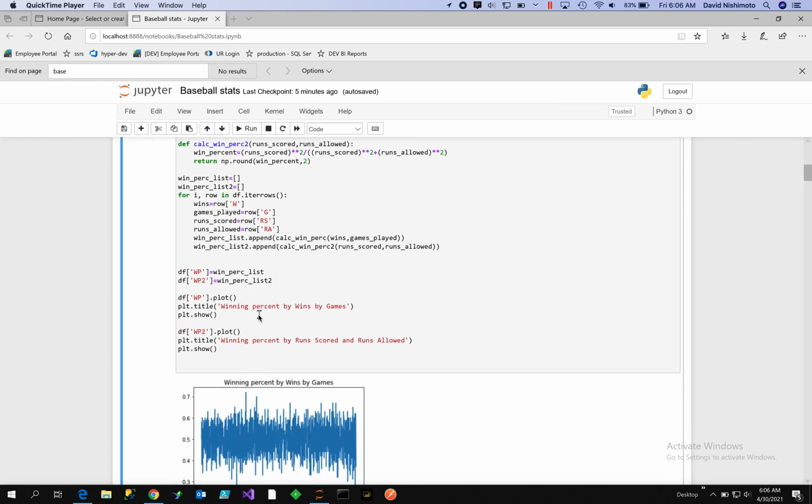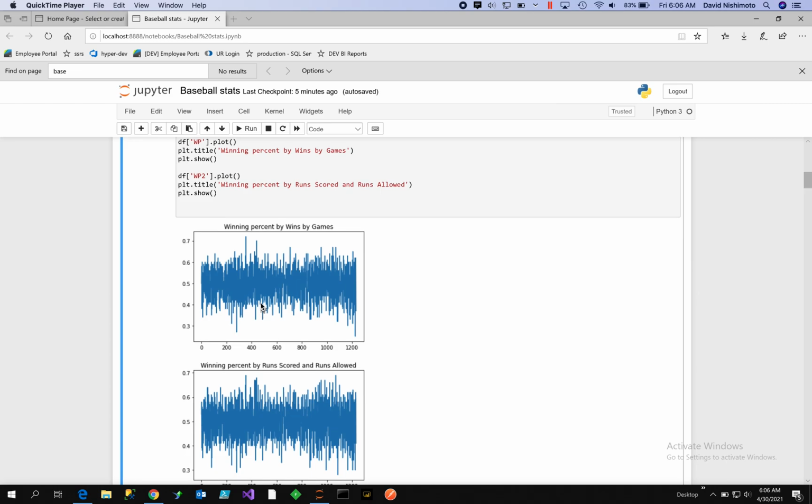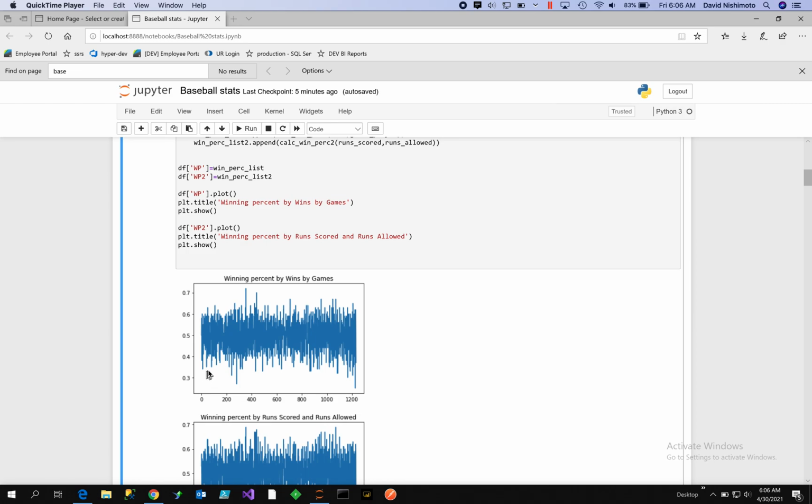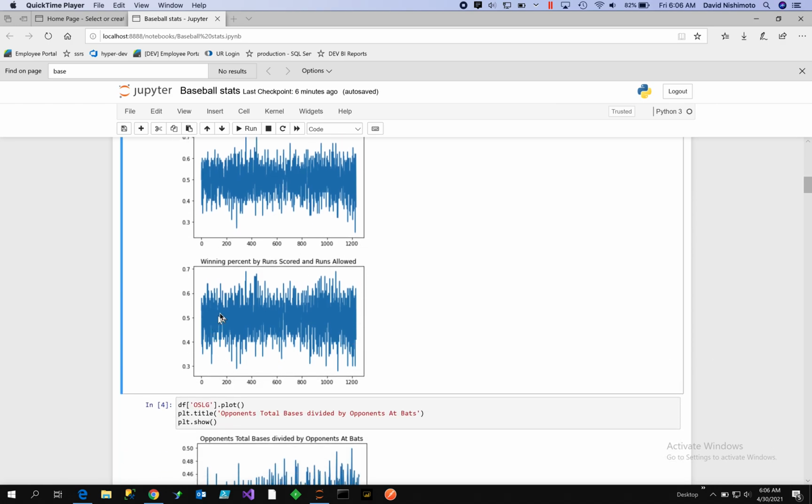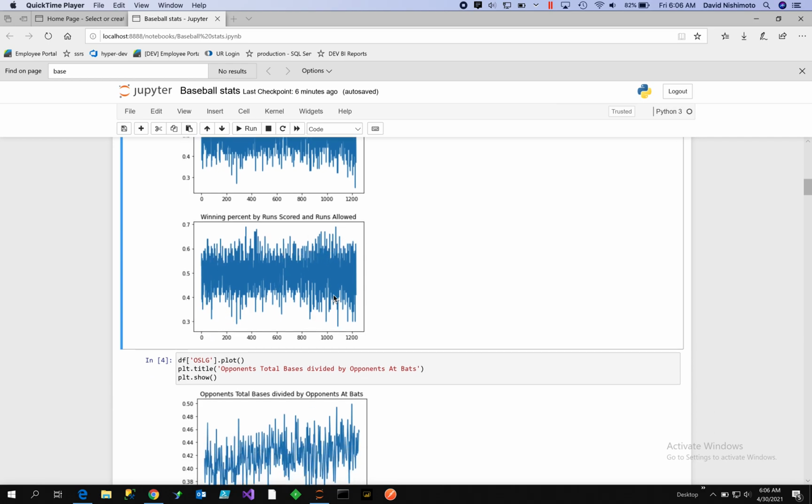So we'll look at those two, and we just plot them out as they relate to the winning percent. You notice that there's different levels, so it's going to vary. The variance is going to vary from 0.3 to 0.7 or so, and for the runs allowed, runs scored, it will be from about 0.3 to 0.7 also.